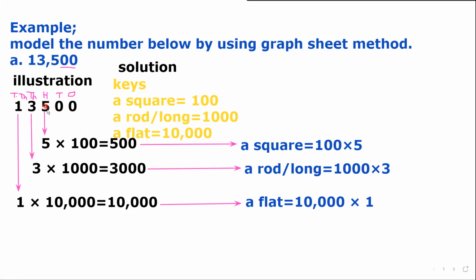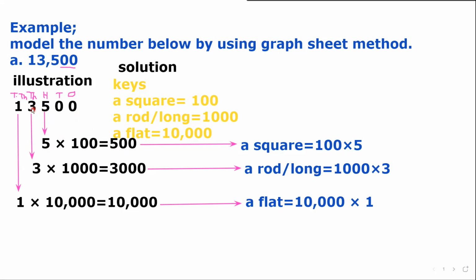So we deal with the immediate number. The number here is 5, which is the face value, multiplied by where the number occupies. This 5 occupies the hundreds position. The real value of 5 here will give you 500.